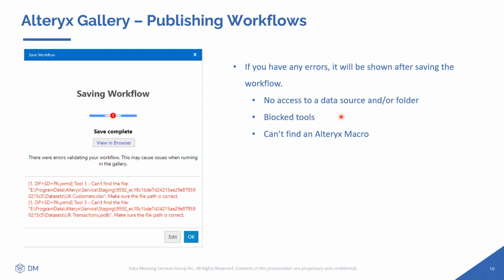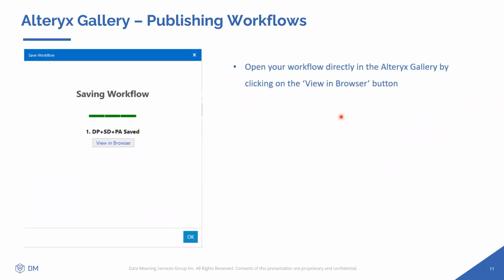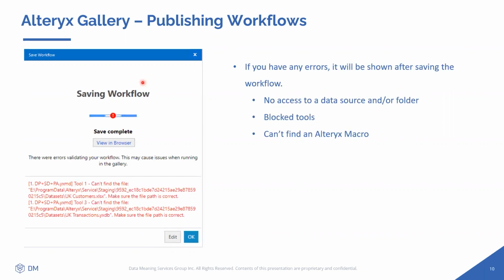We are going to be talking about all of these errors and how to correct them, but keep in mind that this can happen the first time you are saving a workflow. But of course, if you have no errors, everything's working, then you're going to have something like this. For both options here, the workflow is already saved to your private studio.